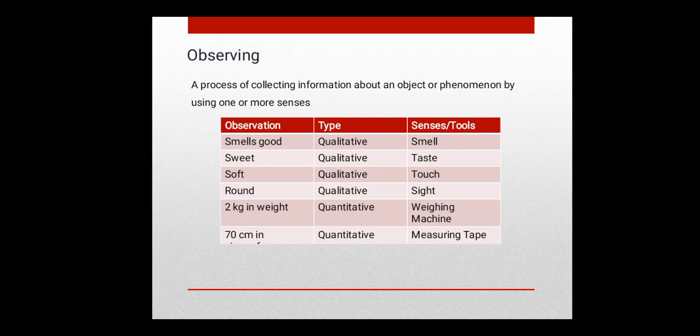For example, in the table, 2 kilogram of object, we use weighing machine. 70 cm of an object, we use measuring tape. That is all observation using quantitative type.